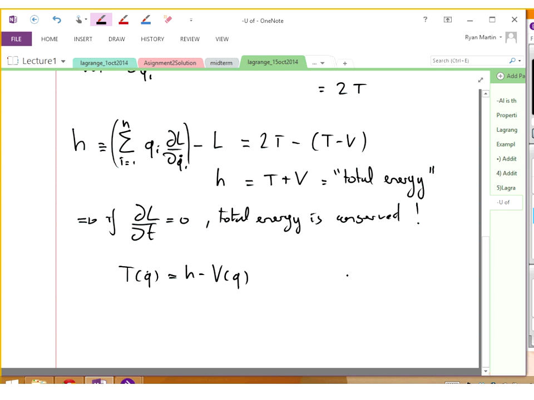So this means that we can write, in principle, q dot as a function of H and V. Remember, H is a quantity; it's a number. And so that is, in fact, a first order differential equation.